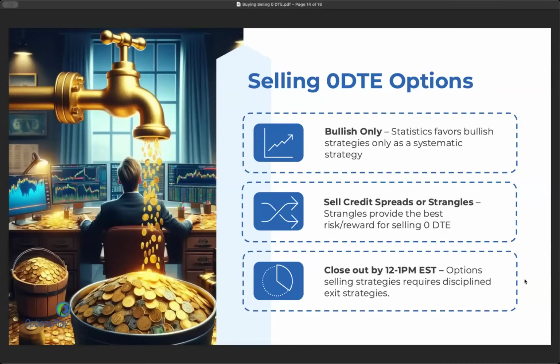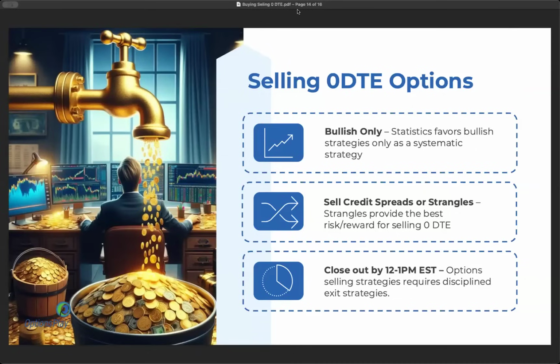So that's why, for 0 days to expiration, most traders will close those out a few hours before the close to avoid that closing auction that sometimes can swing prices substantially in just the last few minutes.